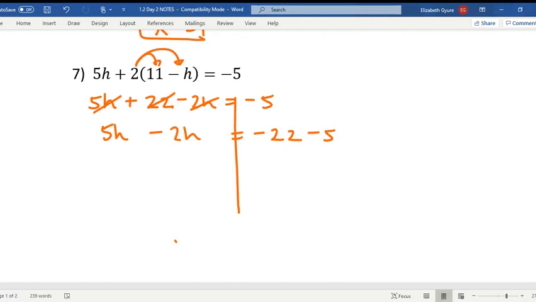Jake Sanders, what's 5h minus 2h? 3h, good. Hannah, what's negative 22 minus 5? Yep, negative 27, good. And then last step, Annalise, what should we do with that 3?